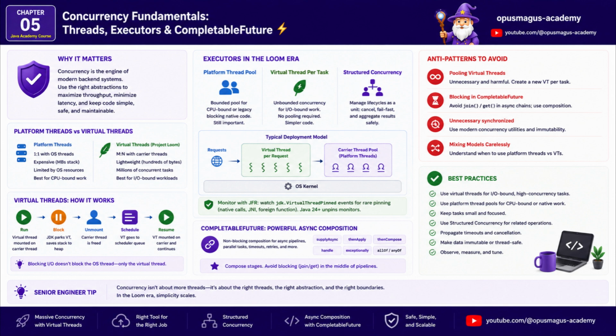In the Loom era, thread pools are no longer the right primary backpressure mechanism for I/O-bound work. Explicit controls such as semaphores, rate limiters, timeouts, bulkheads, and connection pool limits become more important. The update material makes this point clearly. Virtual threads should not be pooled for reuse. Downstream pressure should be controlled separately.